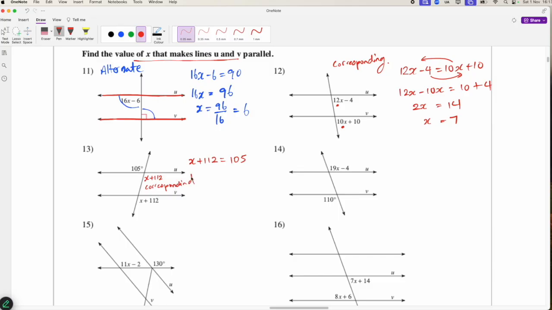And then this is vertically opposite. So that means that x is going to be 105 minus 112, which is negative 7. Only when x is negative 7 will they be equal. So you can do corresponding and vertically opposite. Yes, thank you, Joanna.